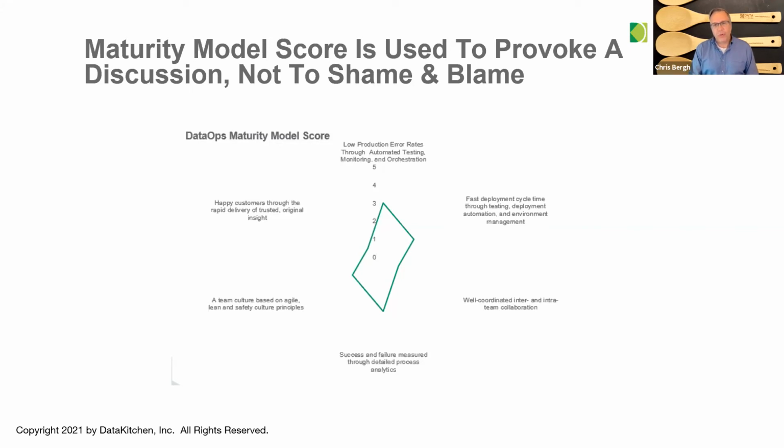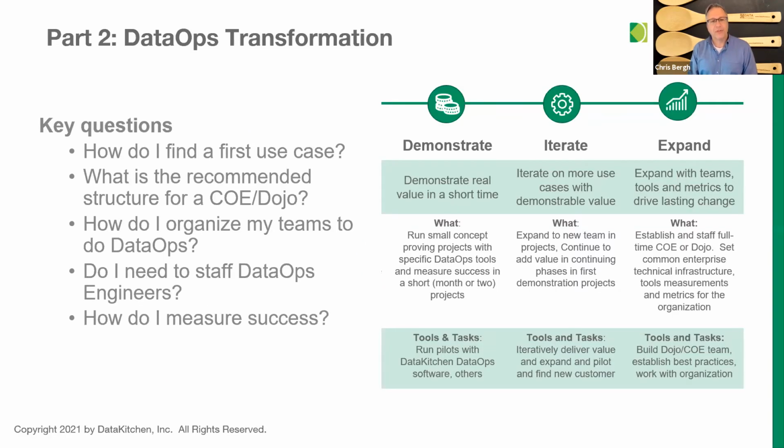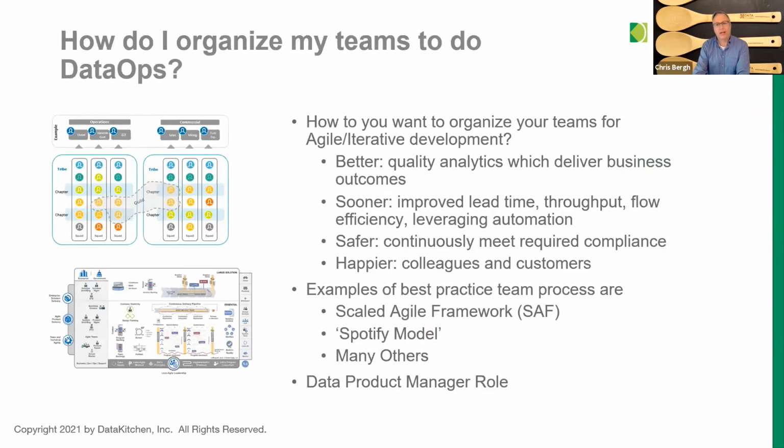But then once you start working and having pilot projects, how do you find the first use case? How do you actually get this thing going? To do that, you've got to start thinking about how your teams are organized. There are different ways that people have organized large organization agile groups.